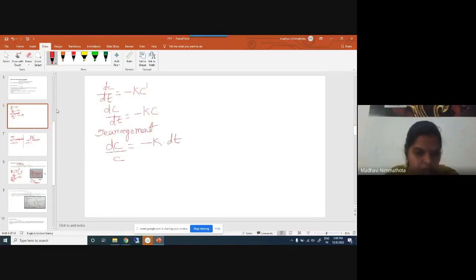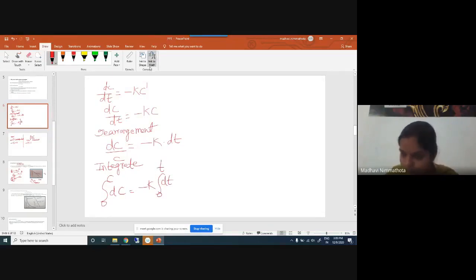Then you have to integrate the above equation from C0 to C, dC/C, same as for zero order, and 0 to t for dt.